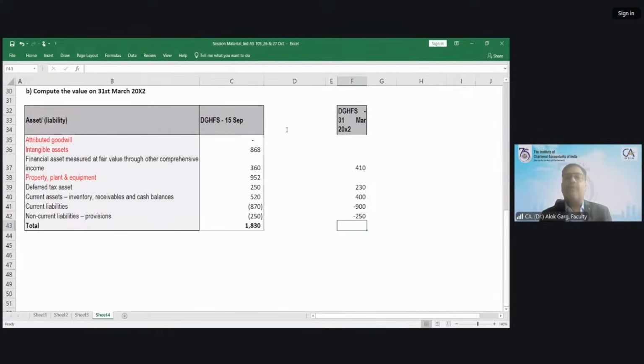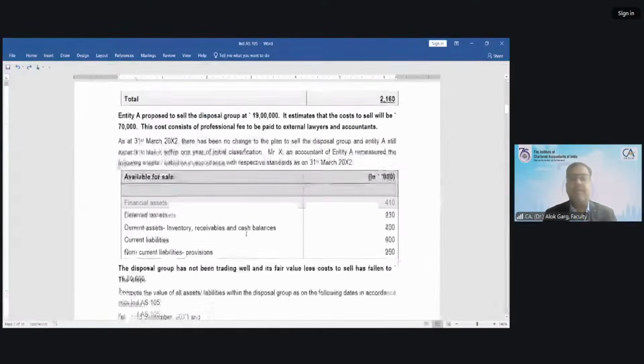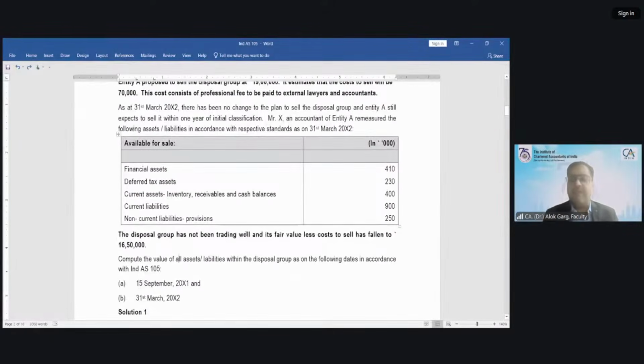Now, what else is given, Saminathan? It is given that the disposal group has not been trading well and its fair value less cost to sell has fallen to 16 lakh 50,000.